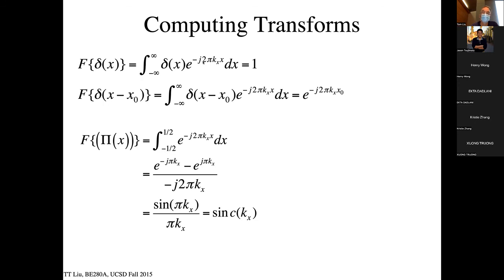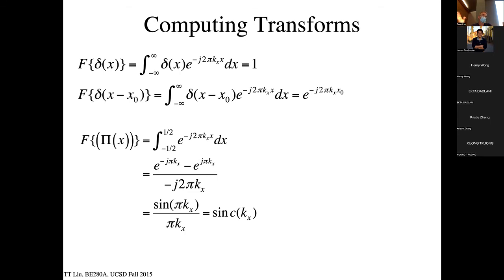So it's going to sift out this thing at x equals 0. And so this whole thing comes to 0 and this goes to 1. And so that says that the Fourier transform of that spike, when I do that integral, for every spatial frequency, doesn't matter what I set kx, it's 1. So it's a constant. It has amplitude at all spatial frequencies.